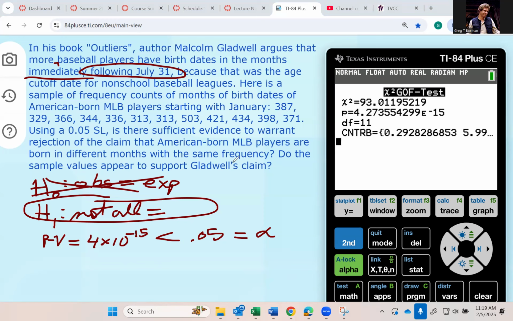So this doesn't guarantee his claim is correct. It just says there appears to be a reason to pursue his claim further. Not every month has the same amount. So that's kind of what's going on there.